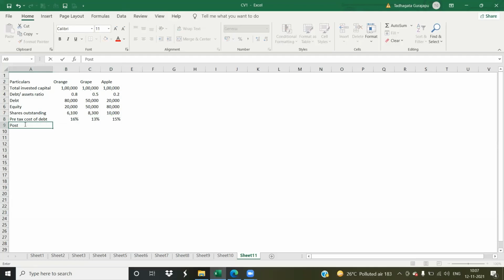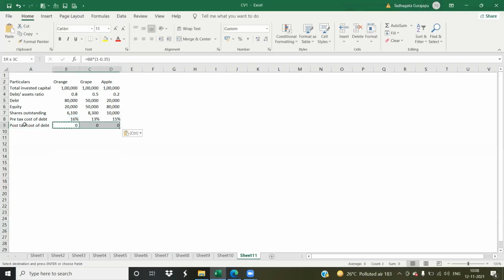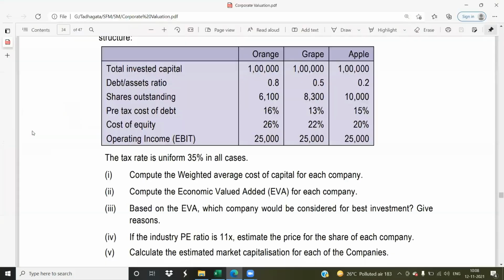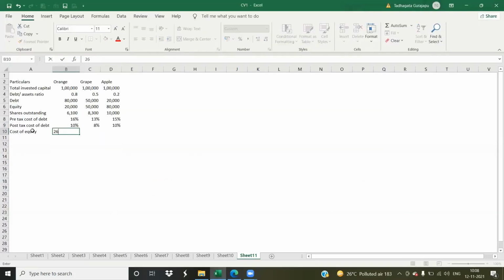Post-tax cost of debt is equal to 16% into 1 minus 0.35, the tax rate. Okay, this comes to 10%, 8%, 10%. What is the cost of equity? 26%, 22%, 20%.